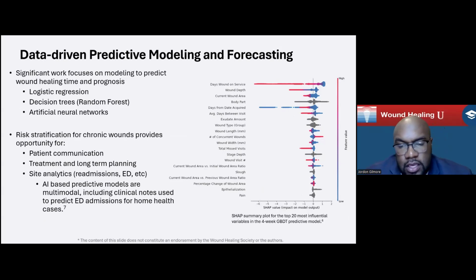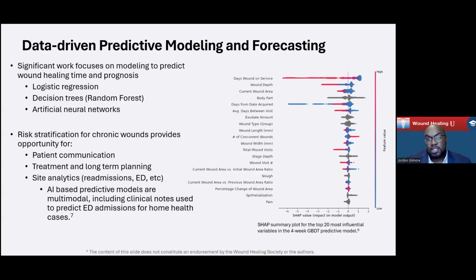On the figure here on the right is a Shapley violin plot. This is a very common type of explainable AI approach. When you have things like neural networks, which Dr. Vlad talked about being really complex, where you don't really understand where the data is coming from, we can do post hoc explanations, right?